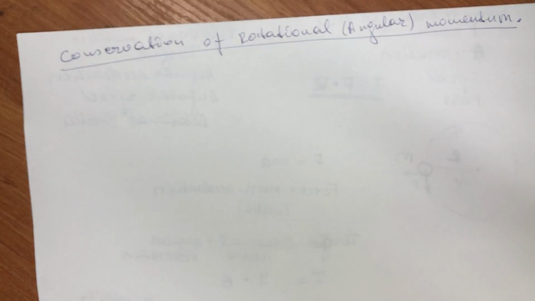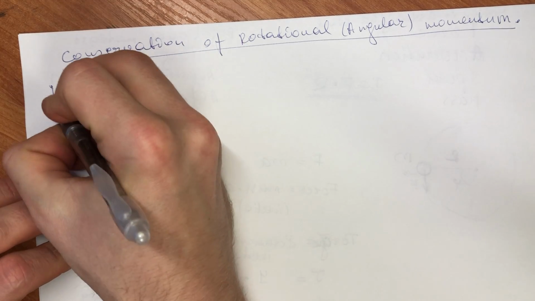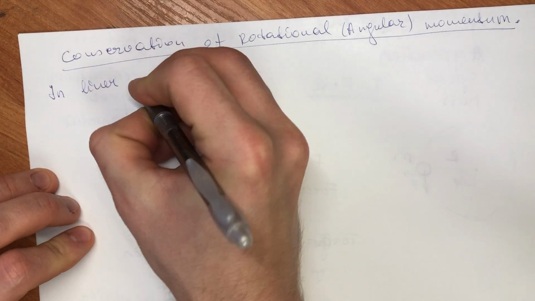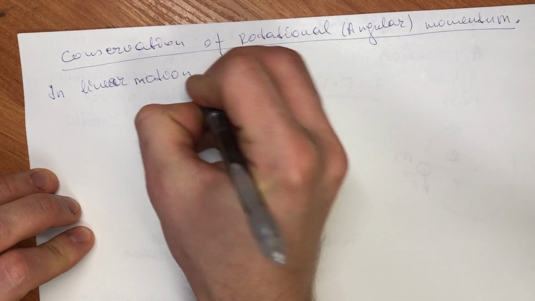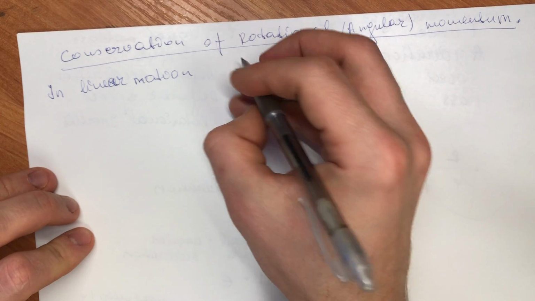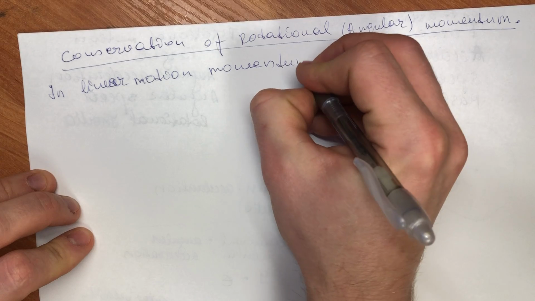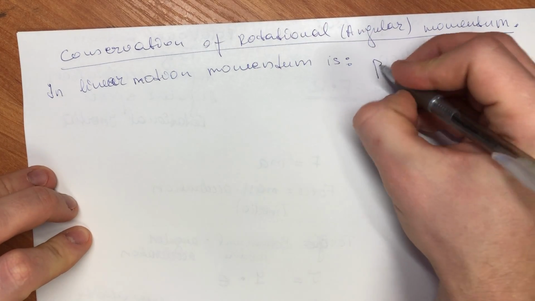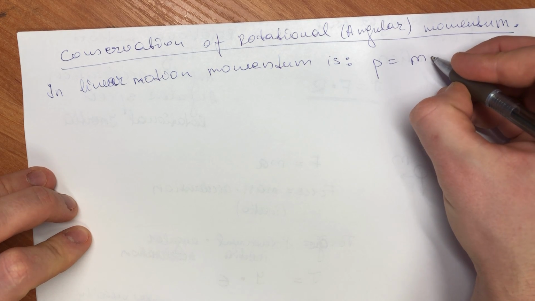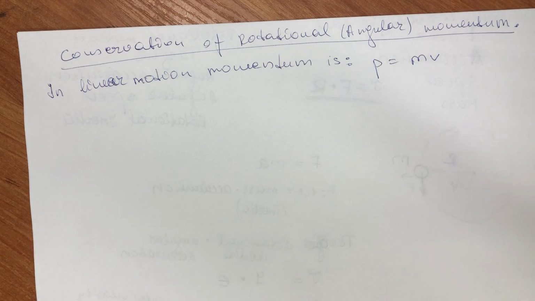So in linear motion, momentum is P, mass times velocity, or in this case speed.